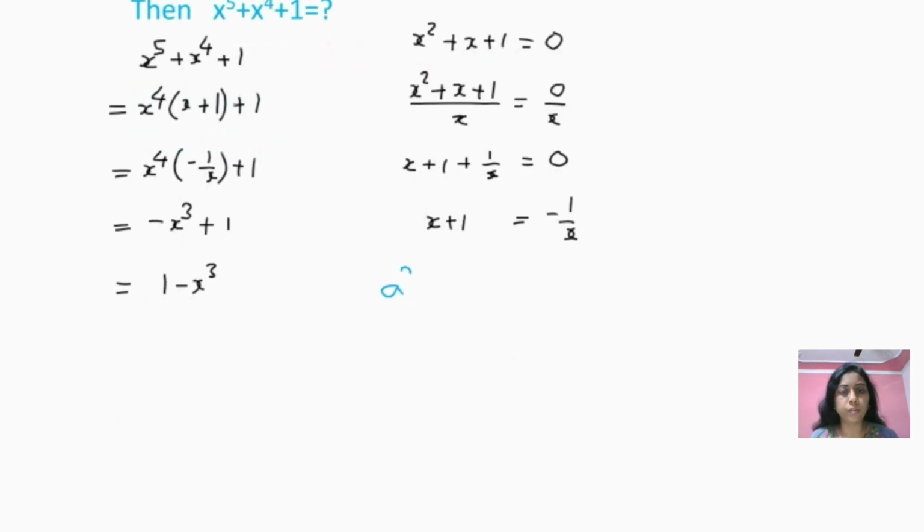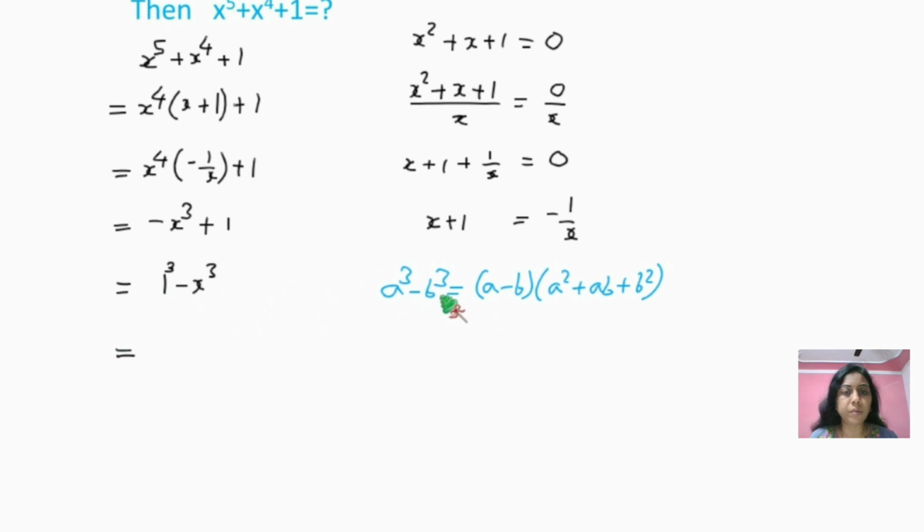And do you know a cube minus b cube is a minus b, a square plus ab plus b square. So here we can imagine this is a value 1 and b value x. Now we can apply this formula here.